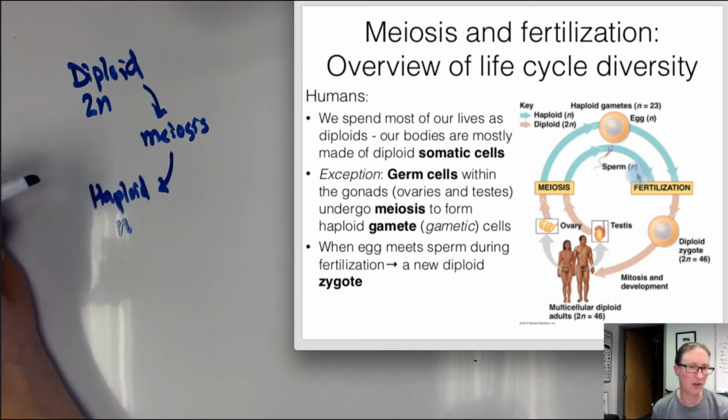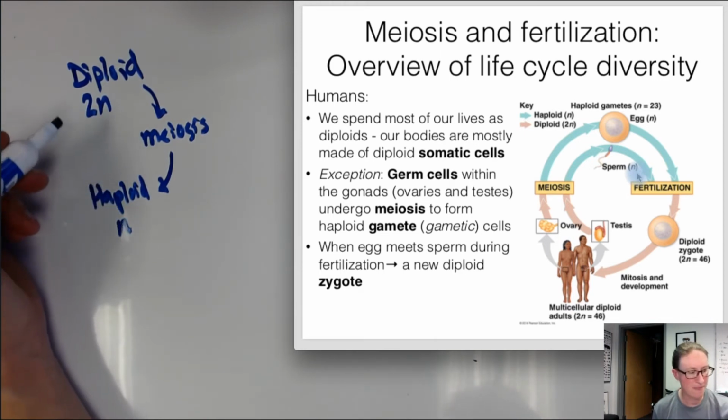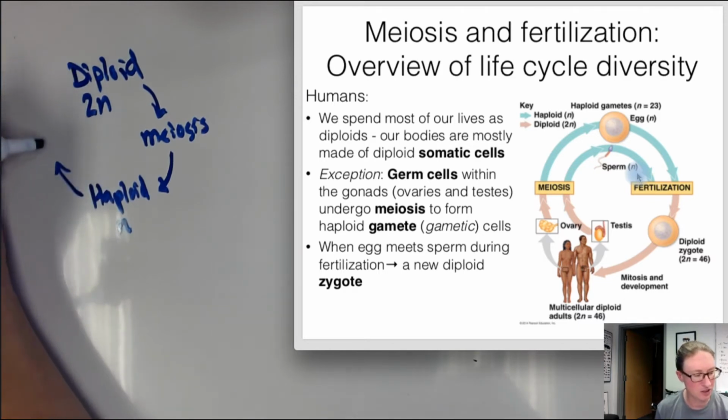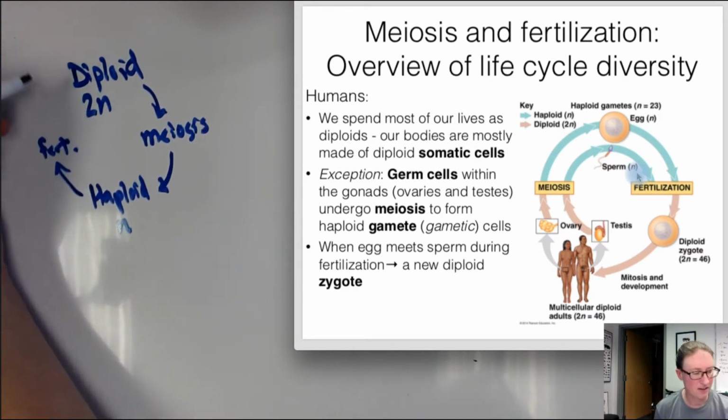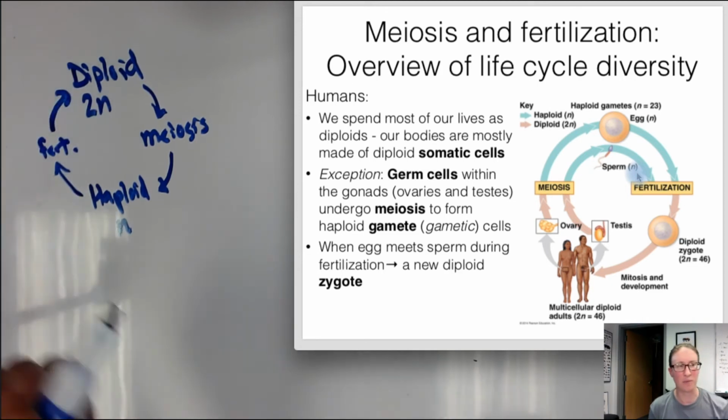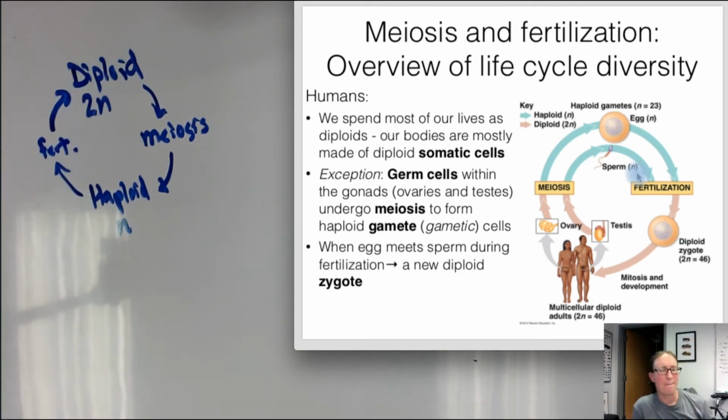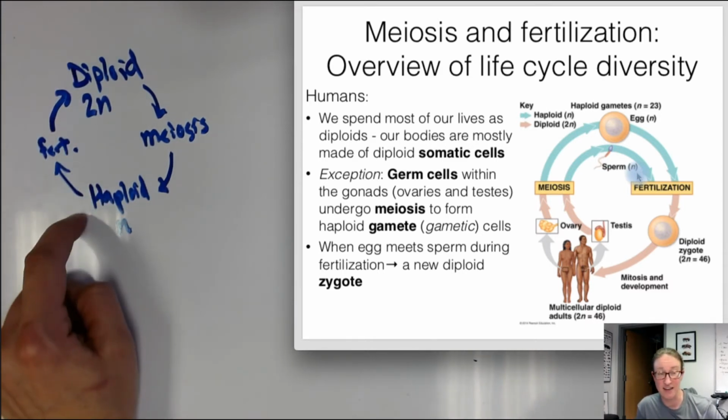So at that point, their chromosome number will be designated N, and then fertilization will happen, and through fertilization, they'll go back to being diploid. But the amount of time that an organism spends as a diploid or as a haploid can vary.